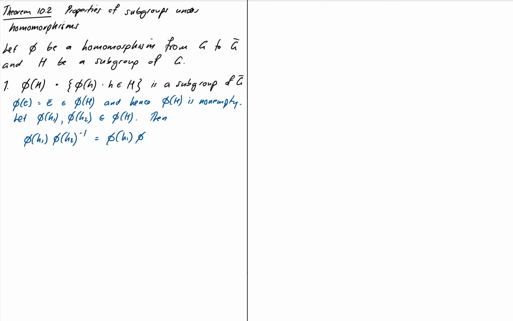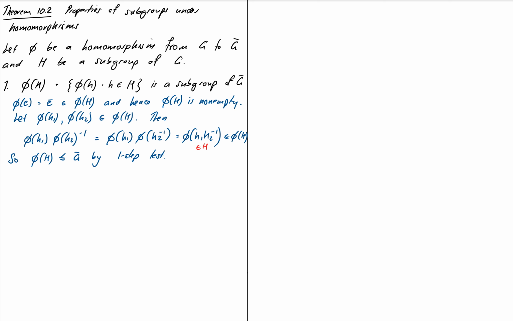So it's going to be phi of h1, phi of h2 inverse. And because phi is operation preserving, I can bring the composition inside as well. And because h1 h2 inverse is a member of H, overall this element is a member of phi of H. So phi of H is a subgroup of G bar by the one-step test.